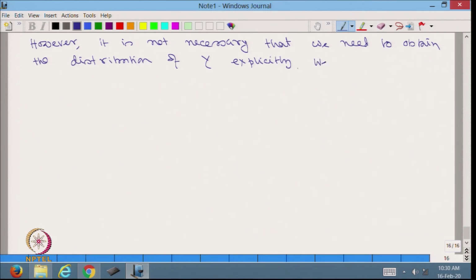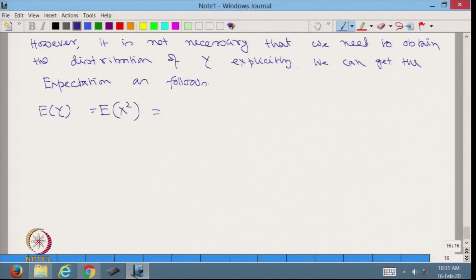We can get the expectation as follows. Expectation of y is equal to expectation of x square is equal to sigma x square into p x x, that is, I am changing the value from x to x square and multiplying by the probability of x and I am summing over x.